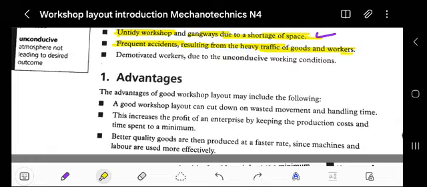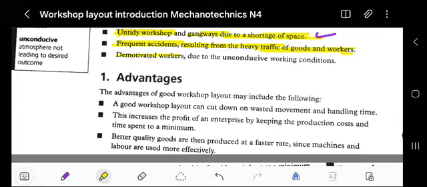So small buildings and small rooms in the workshop layout will result in frequent accidents due to collision and congestion.